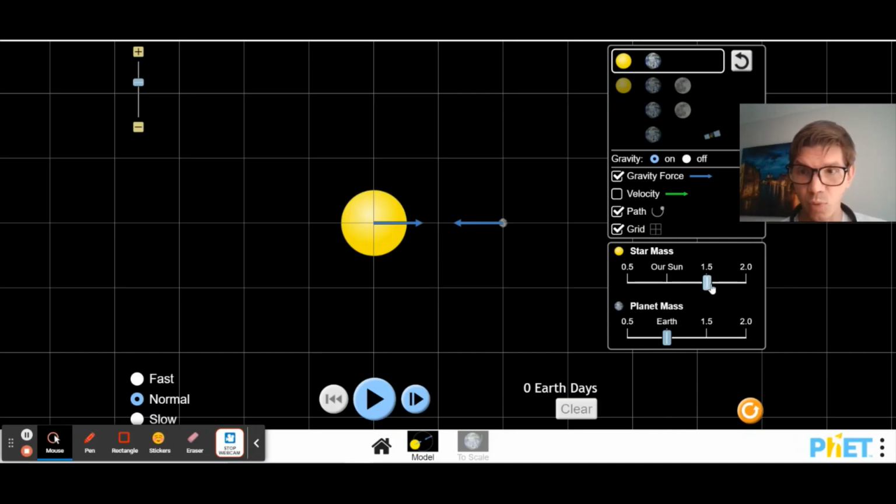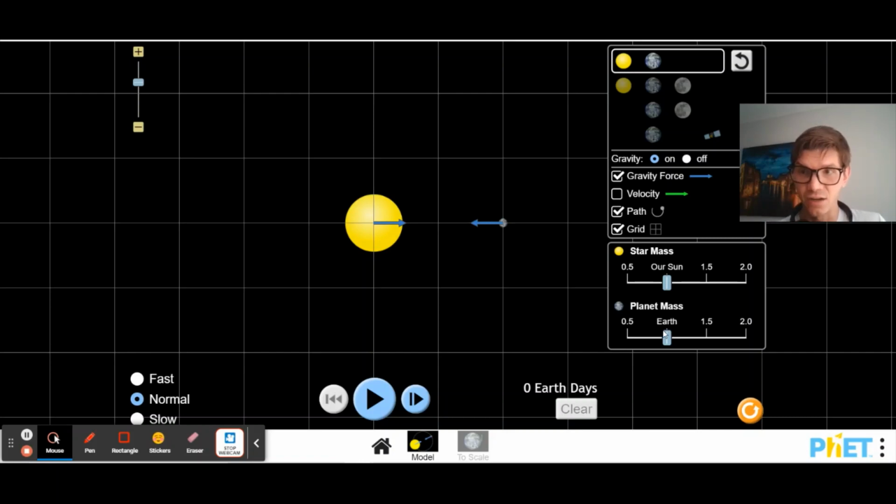So when the sun is pulling on the Earth with a greater force, the Earth is technically also pulling on the sun with an equally increasing force. The same would apply if I were to make the planet more massive. It doesn't matter which one is gaining or losing mass. The more massive the celestial objects are, the greater the force of gravity is going to be.